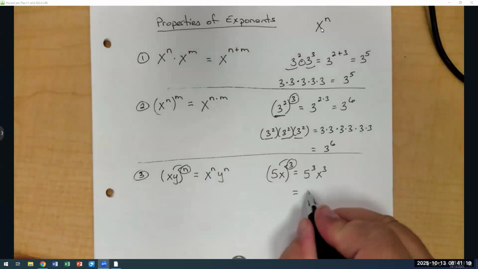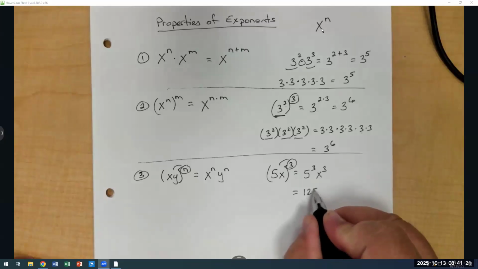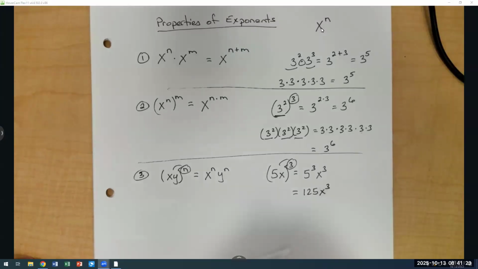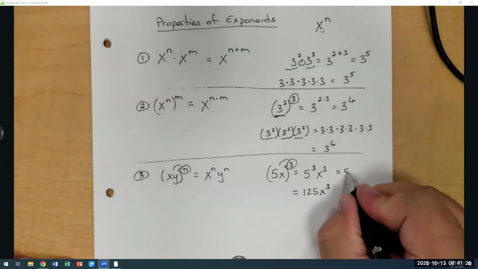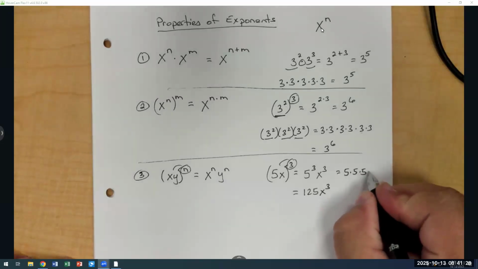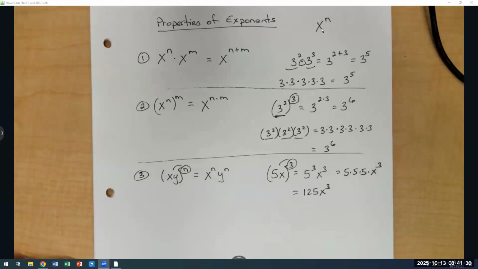So 5 times 5 times 5 is 125. This is 5 times 5 times 5 times x to the third. So why is that?